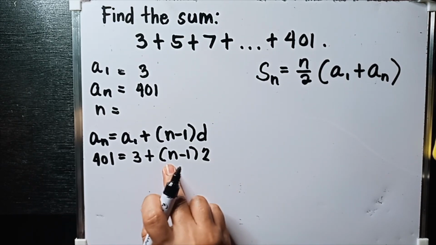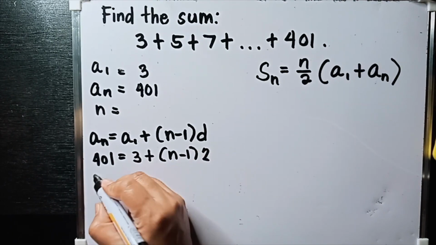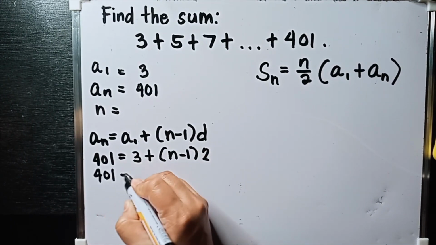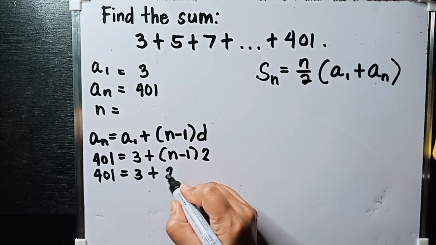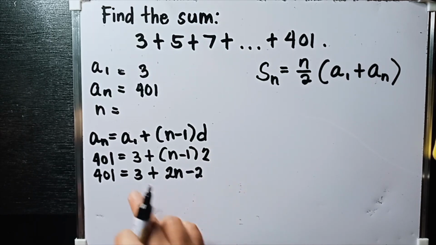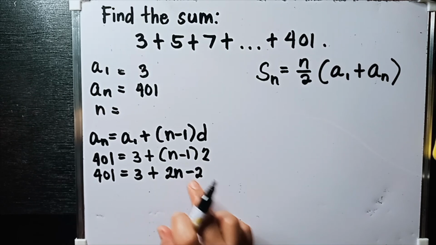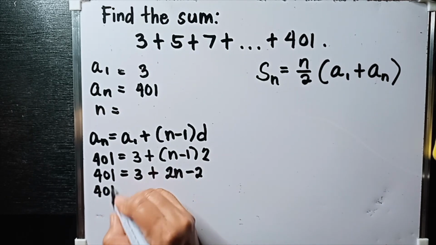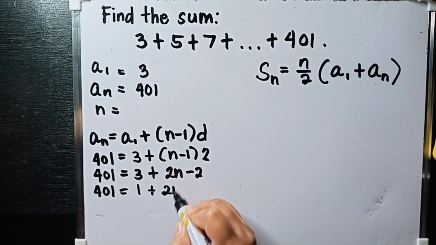So, since we are solving for n, simplify muna natin itong parenthesis, which is 401 equals 3. Distribute natin itong 2. So, we have 2n. 2 times negative 1 is negative 2. Okay? Combine natin itong dalawang constant. So, 3 minus 2 ito. No? Bring down muna natin yung 401 equals 3 minus 2, which is 1, plus 2n.